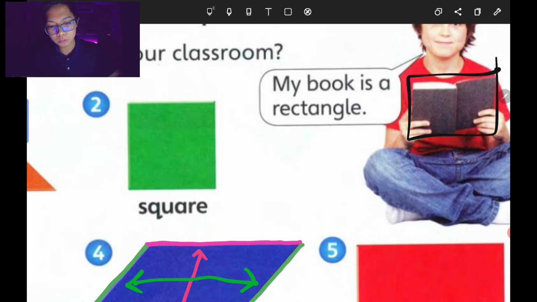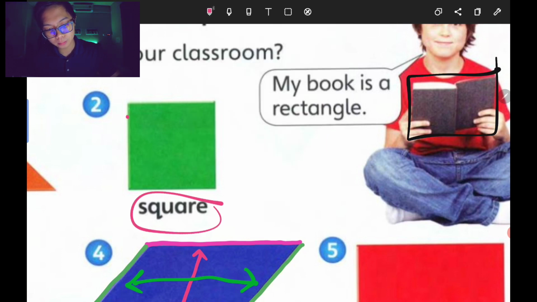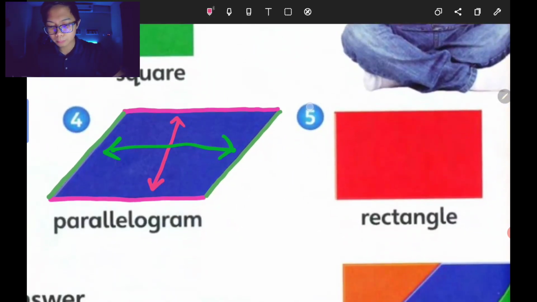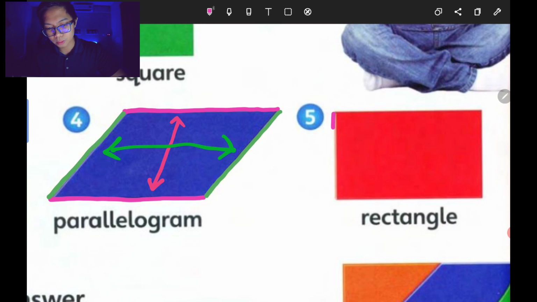Tidak sama. Kalau square, remember, the shape of square mesti sama panjang ini, sama panjang ini, semua sama panjang, everything. But this one, it must have two similar lengths. For example, on this side, tepi sini yang penggarisan pendek sama panjang.